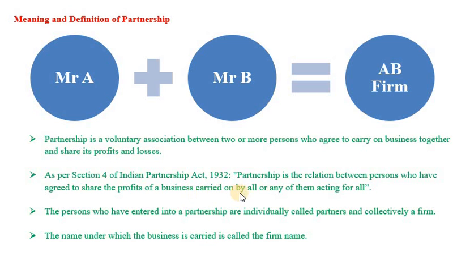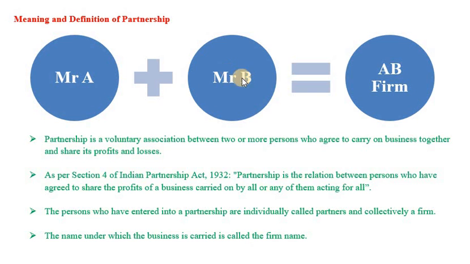What does carried on by all or any of them acting for all mean? Carried on by all means A and B both can carry on AB firm business, or A can carry on AB firm business on behalf of B. So AB firm business can be carried on by either A or B or both A and B. In the absence of A, B can carry on AB firm.